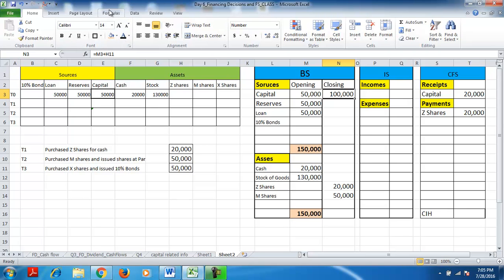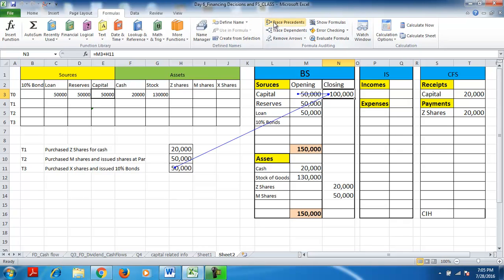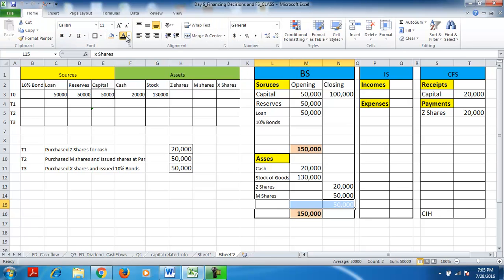So the share capital will increase to the extent of 50, and there is a corresponding asset on the balance sheet. Purchase X shares, and the payment is made through the issue of 10% bonds.